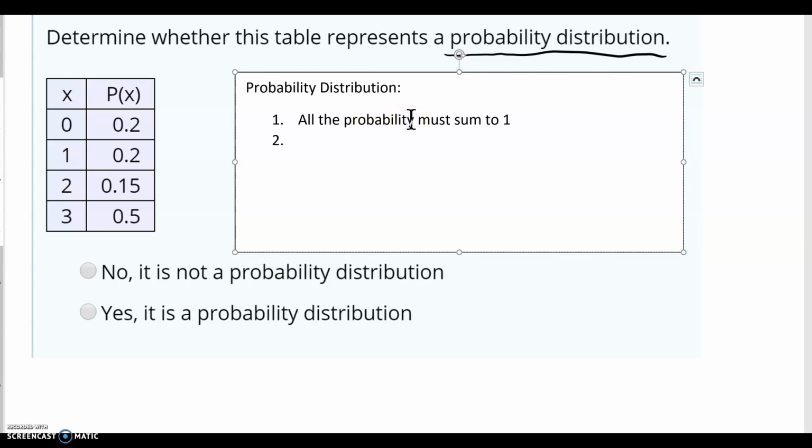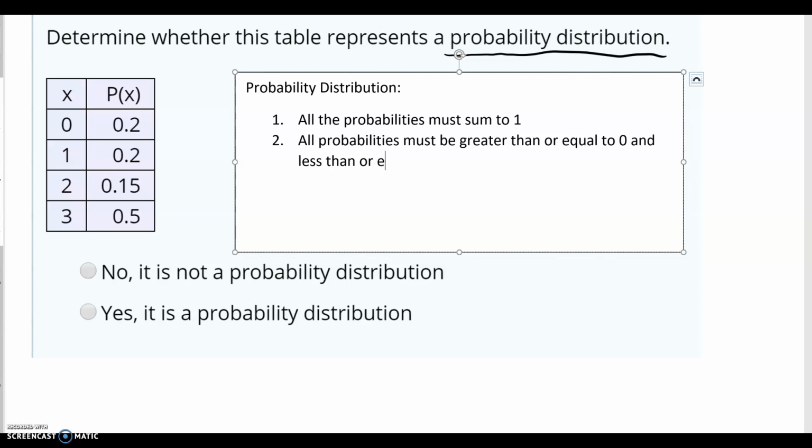Number two, all probabilities must be greater than or equal to 0 and less than or equal to 1. So in other words, probability can't be less than 0 and the probability can't be greater than 1.